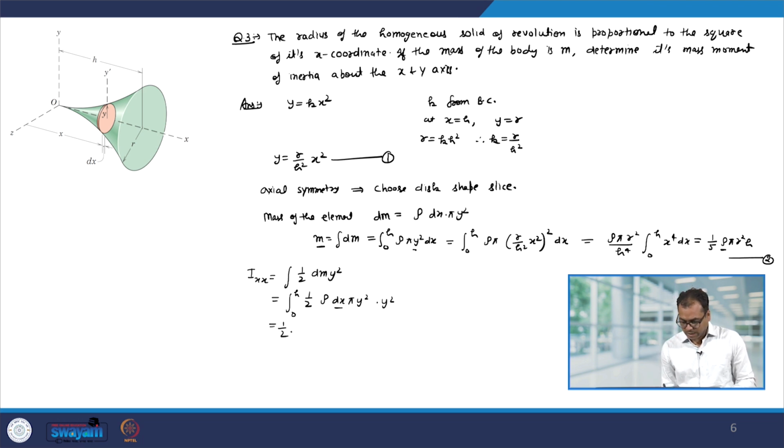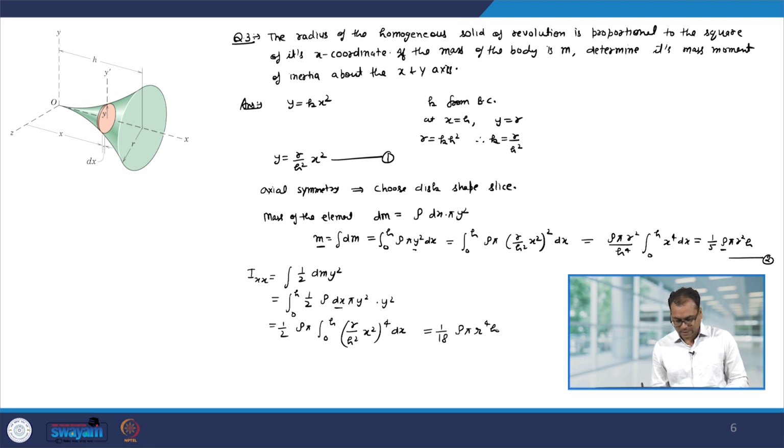That will be half rho pi, these are constant, 0 to h, and y is (r over h) square x square, so we have (r over h) square x square to the power 4 dx. And this comes out to be 1 by 18 rho pi r to the power 4 h.